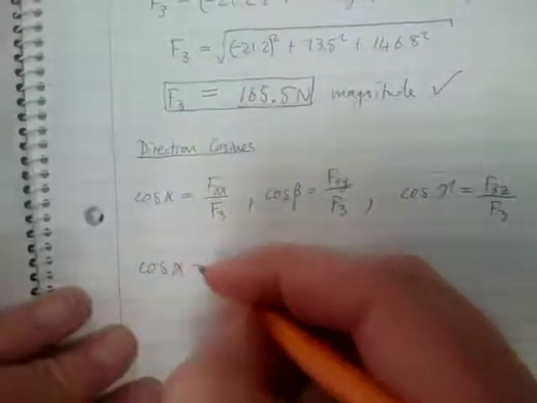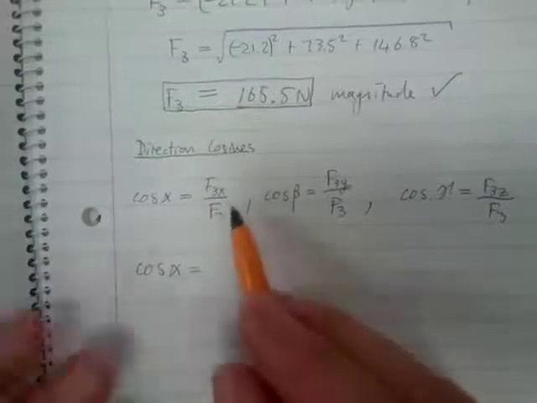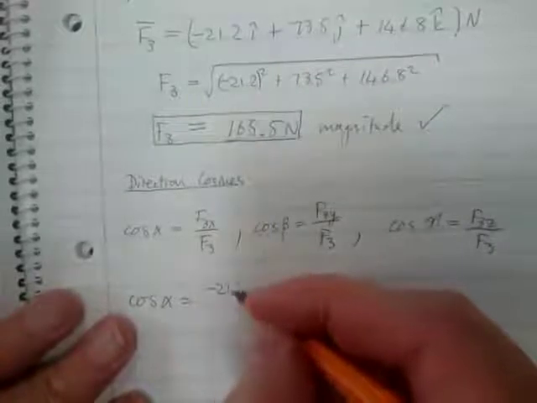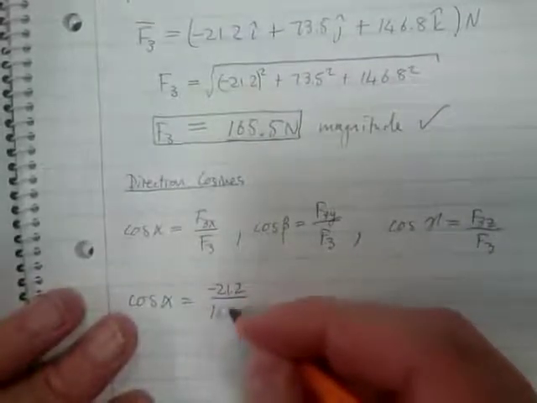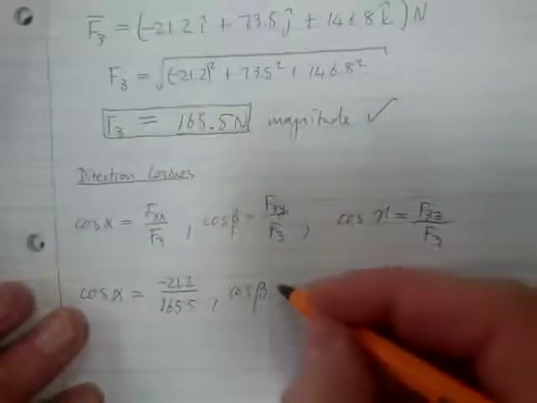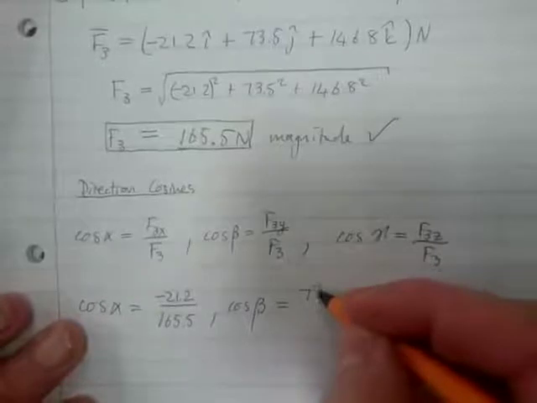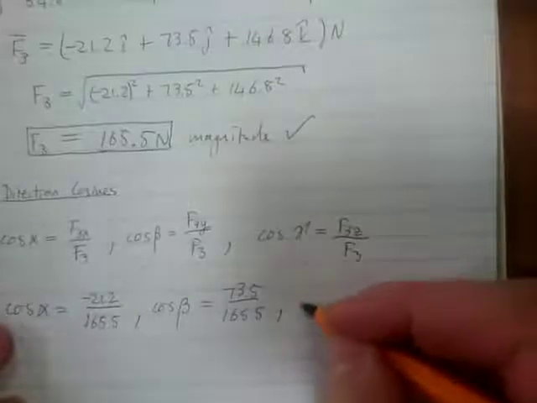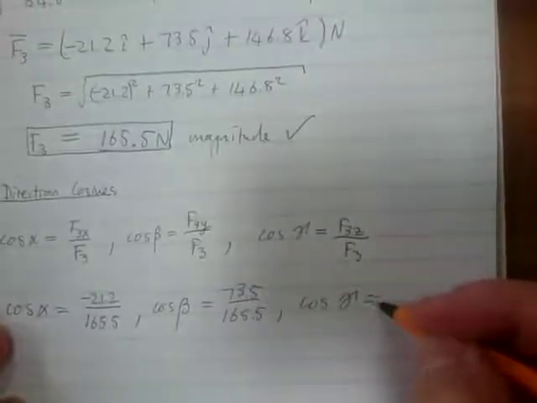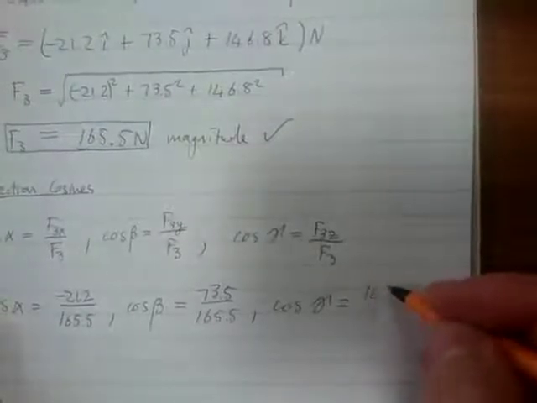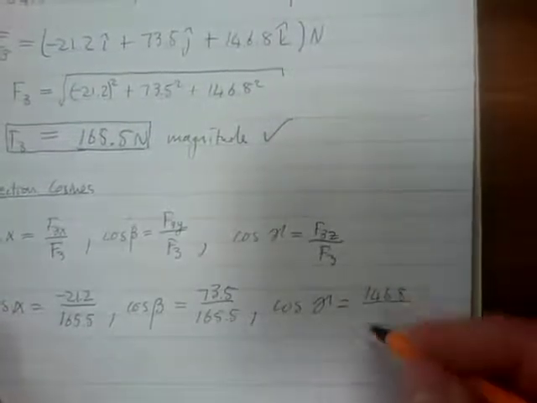So cos of alpha is equal to what? F3x is minus 21,2 over the magnitude 165,5. Then cos of beta is equal to 73,5 over 165,5, and cos gamma is equal to 146,8 divided by 165,5.